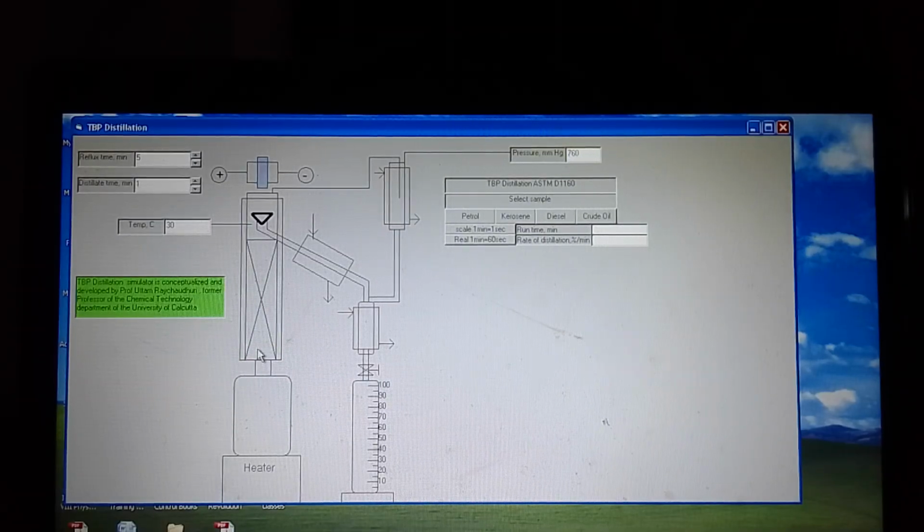Now you will see there are reflux time and distillate time, which we can fix. What is reflux? It is the vapor condensed which is returned back to the retort while the vapor is uprising, and the vapor and liquid condensates exchange their concentration, so that the more volatile component will be concentrated and collected, and the liquid will be enriched with low volatile components and returned.